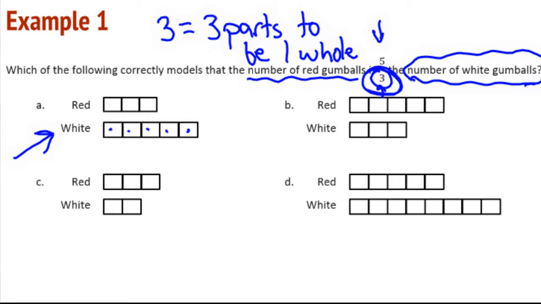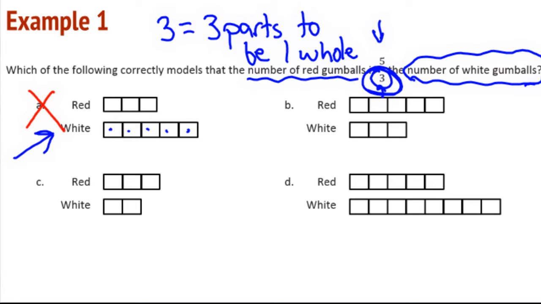On top of that, it says that the number of red gumballs is 5/3 the white gumballs. So I should have more red gumballs than I have white gumballs. So I'm pretty sure that model A here is not showing what I'm looking for. And then I'm going to look down here at model C. I know I'm not going left to right, I'm just going vertically, but let's take a look at C. Well, in looking at A, I've already decided I should have more red than I have white.